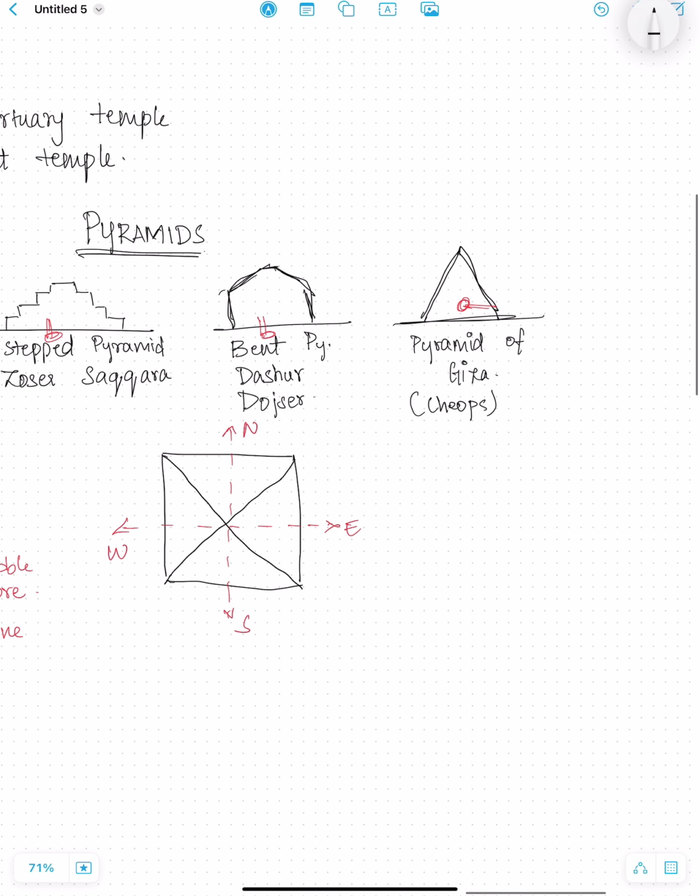And the three famous pyramids of Giza, I'm writing them in descending order of size.